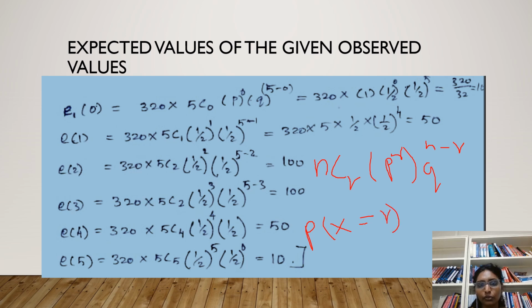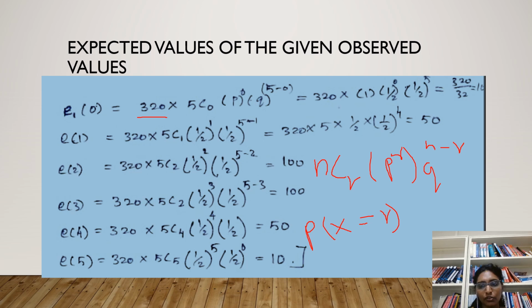Here N is equal to 320, so I multiply this by 320, and how many coins are tossed? This n is nothing but 5. And the first one is where we faced zero heads. No head means 5C0.